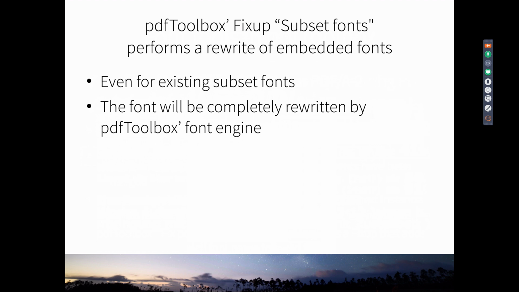While doing so, pdfToolbox would just rewrite the whole embedded font. So it would keep the font format, Type 1, TrueType or whatever, but it would rewrite the font. And any minor issues with fonts might be cured by doing so. So that is a way to maybe get rid of problems, if you have some.